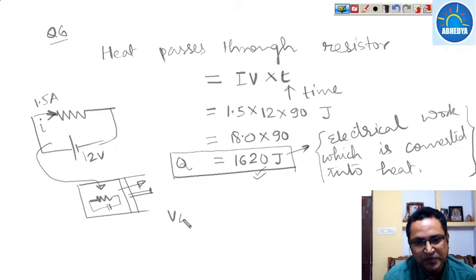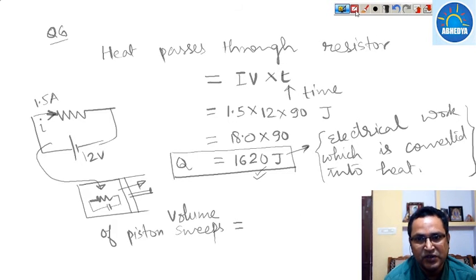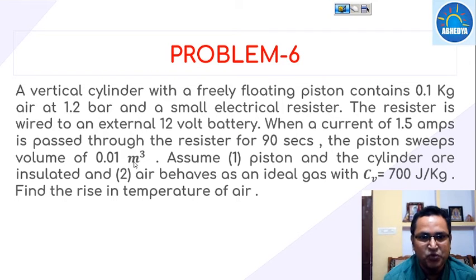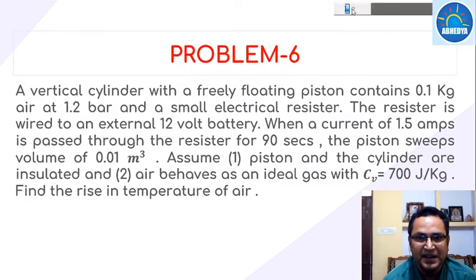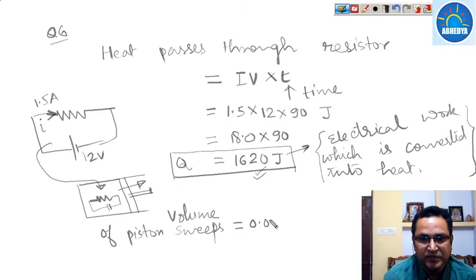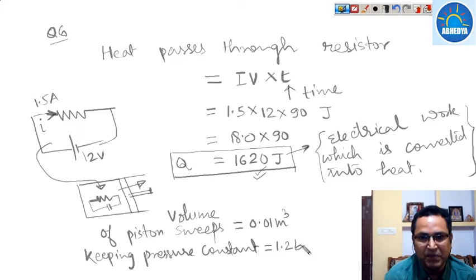The volume of piston sweep is 0.01 meter cube, while the pressure remains constant, and the value of this pressure is 1.2 bar.